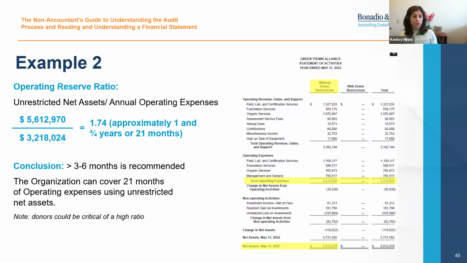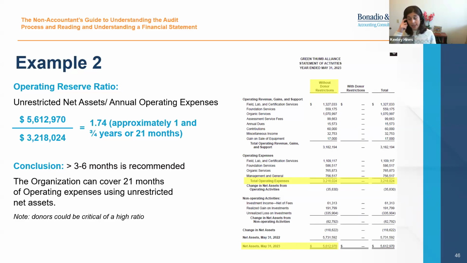Operating reserve ratio. So this is taking a look at what do you have for unrestricted net assets. So again, those net assets that are available, and what can then be applied to the total operating expenses. So what they're saying is that if you were to generate not a single additional dollar of revenue, how long can you sustain?